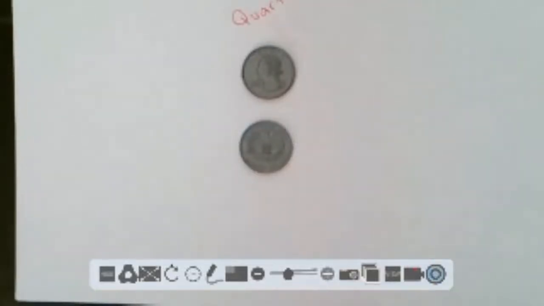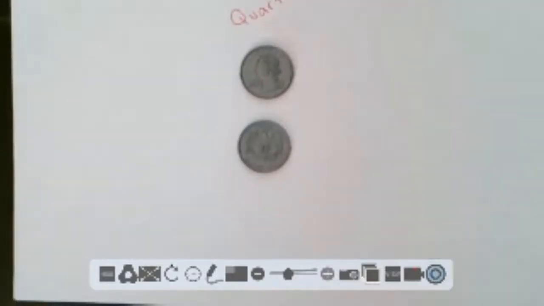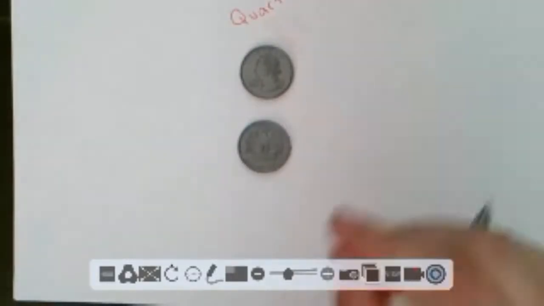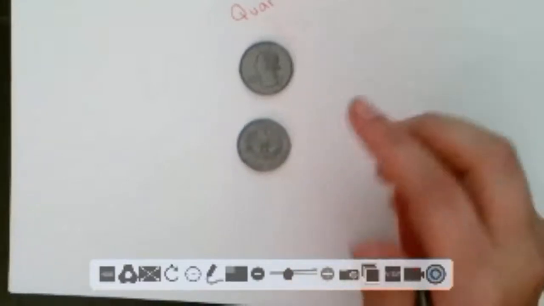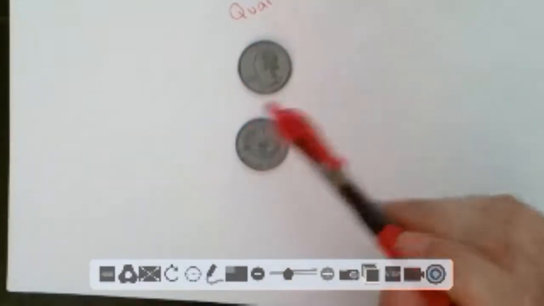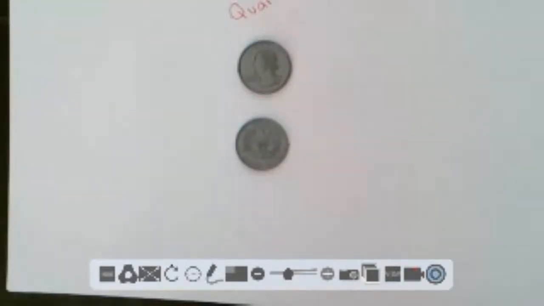Fun fact, I actually went to George Washington University in Washington, D.C. And on the back of the quarter, we have the seal of the United States. So it shows our eagle carrying the Declaration of Independence.